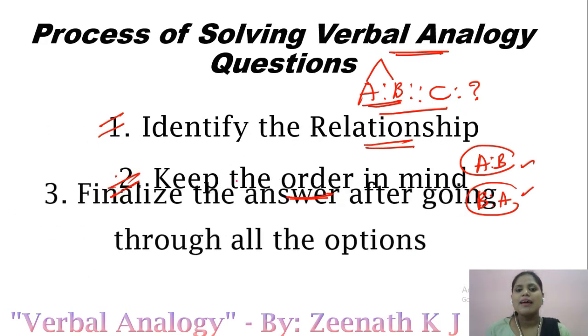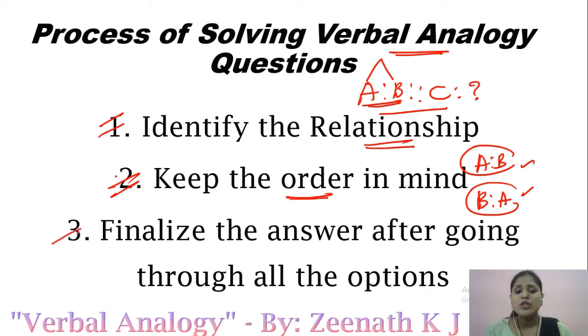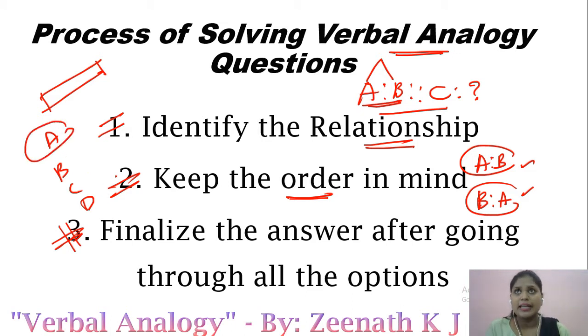The last one is, please make sure you finalize the answer only after going through all the options. Because I've always seen this, people are always in a rush. The moment they come across a verbal analogy question with ABCD options, the moment they see option A and feel it is relevant from the perspective of relationship and order, they just go ahead and answer.